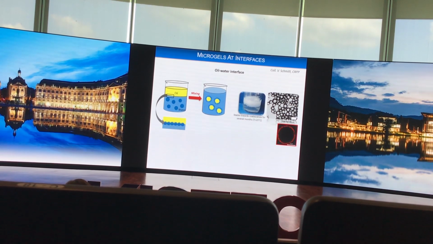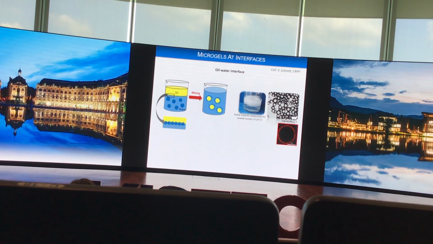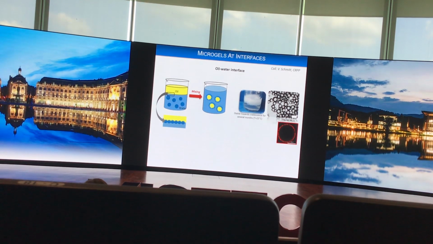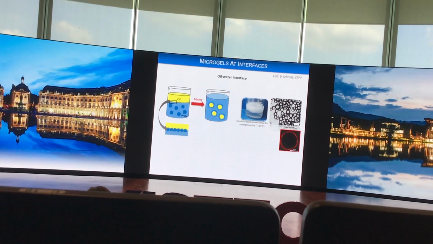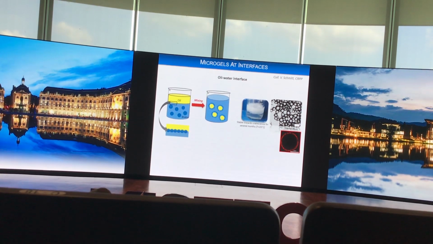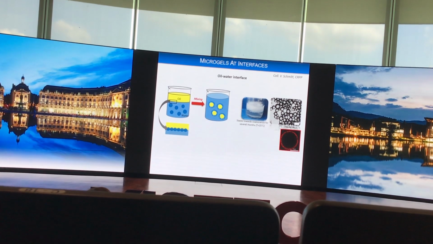If you put oil in contact with water, the particles remain dispersed in the water phase because they like to be swollen, water swollen, but in spite of this, they can also go to the interface, and they can stabilize some emulsions if you disperse the oil in the aqueous phase.